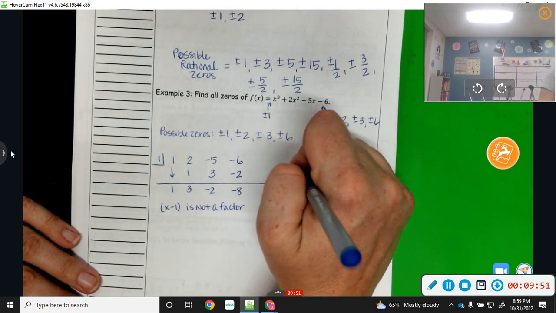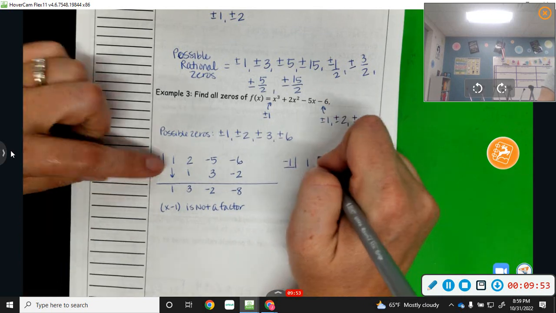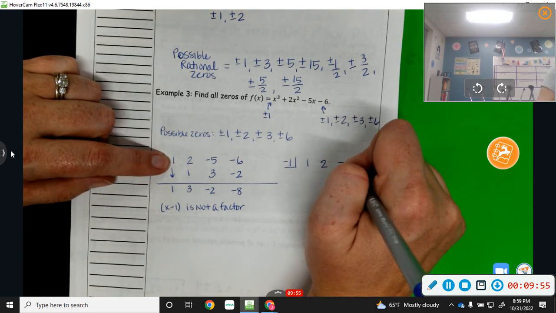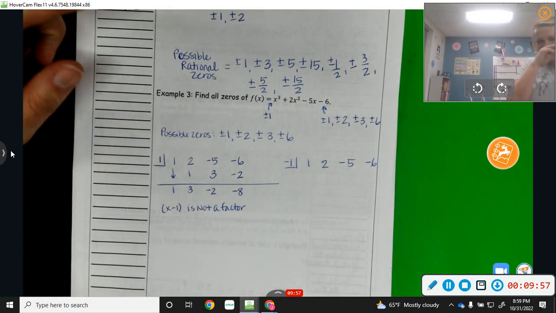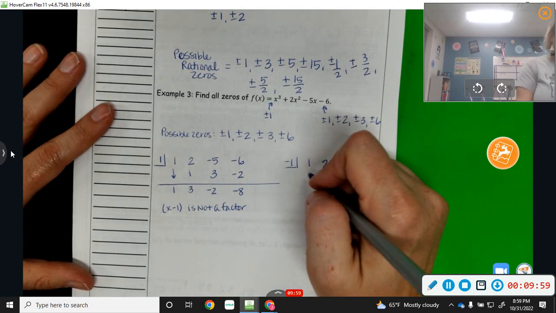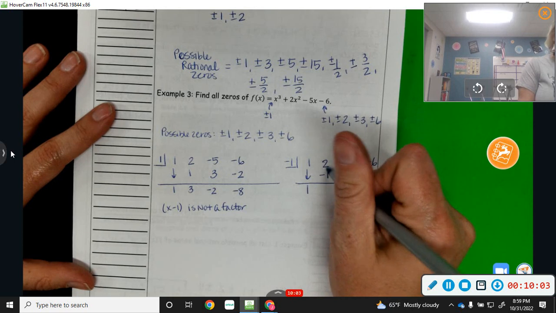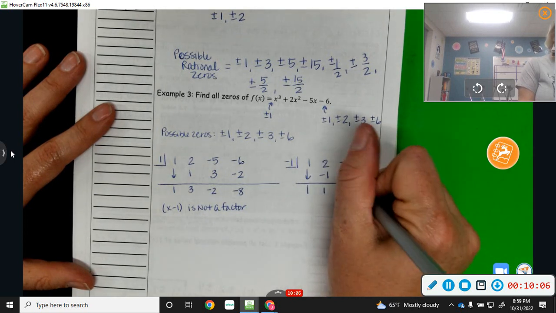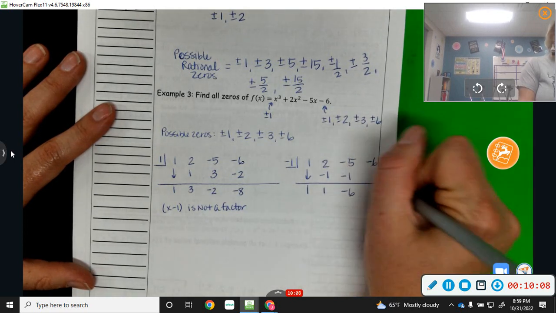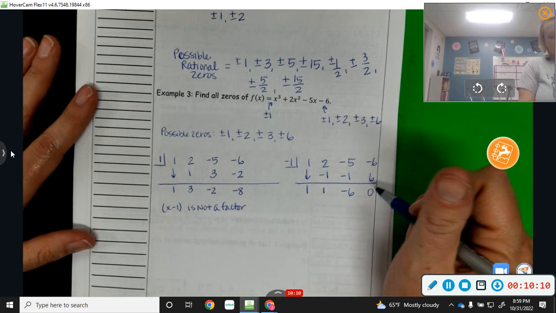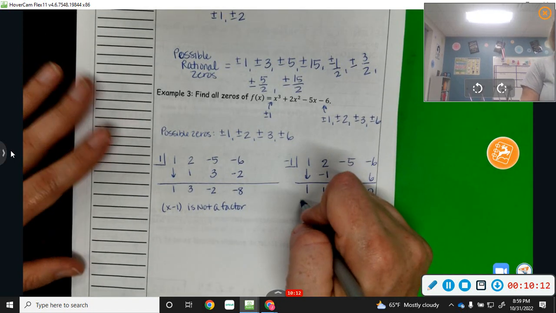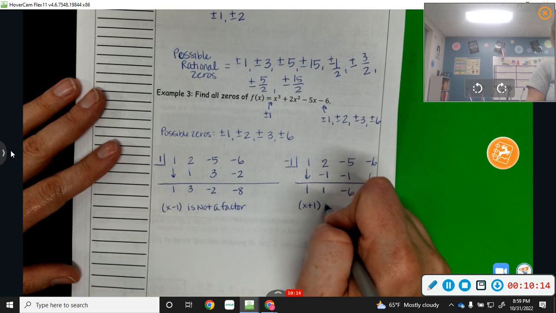Let's try negative 1. Same numbers across. 1. That'll be negative 1. 2 plus negative 1 is 1. Negative 1, negative 6, positive 6. Uh-oh. That means that x plus 1 is a factor.